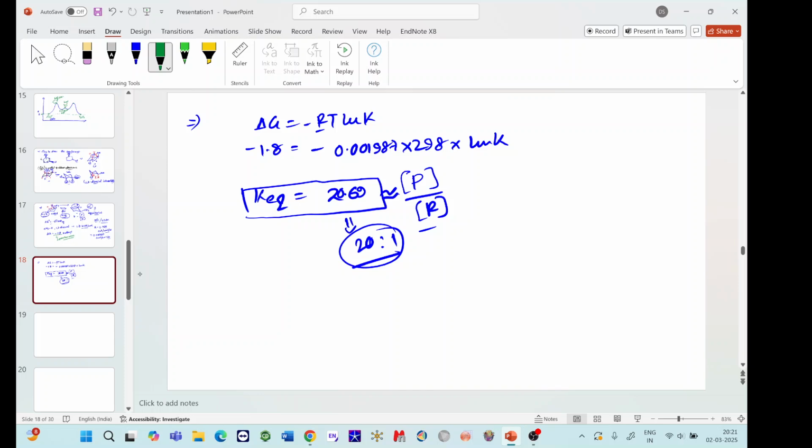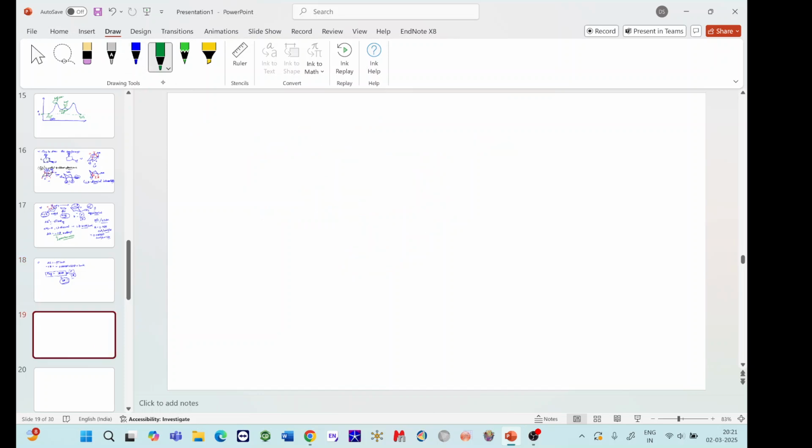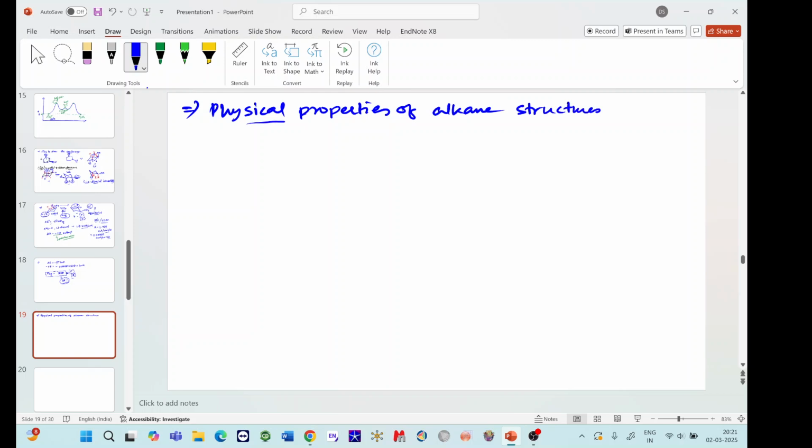There are some physical properties related to alkane structures.